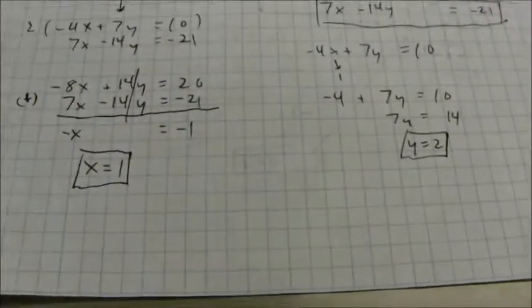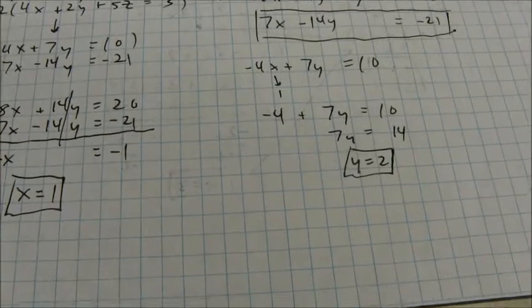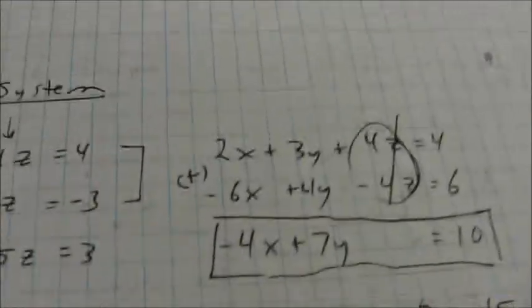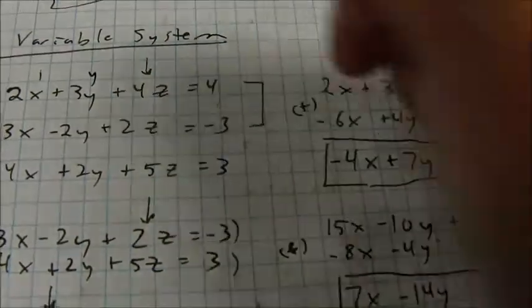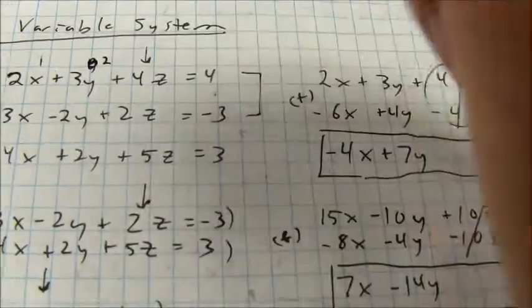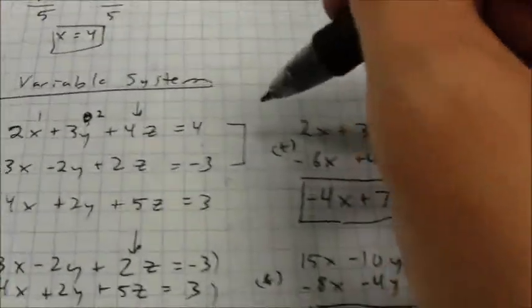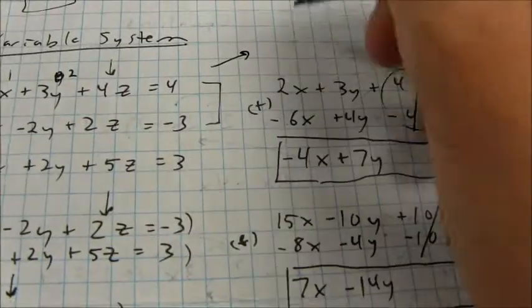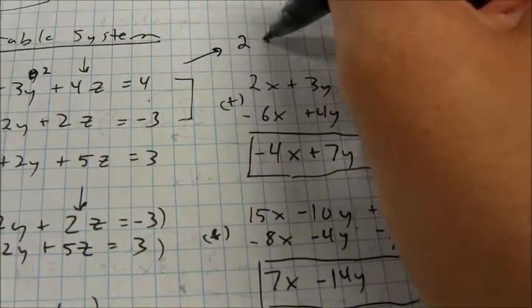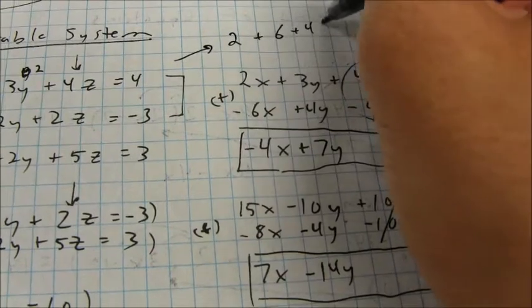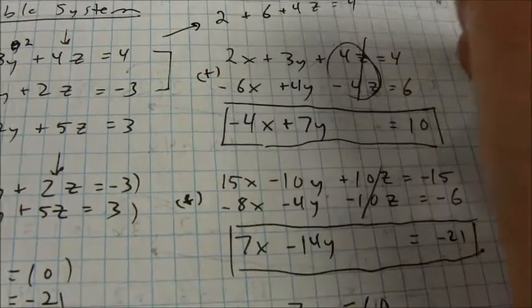And now I can go back into one of my equations that has a z and put those back in. So I know that x is equal to 1. I know y is equal to 2. So that gives me the equation, let's go back up here. 2 times 1 is 2, plus 3 times 2 is 6, plus 4z is equal to 4.